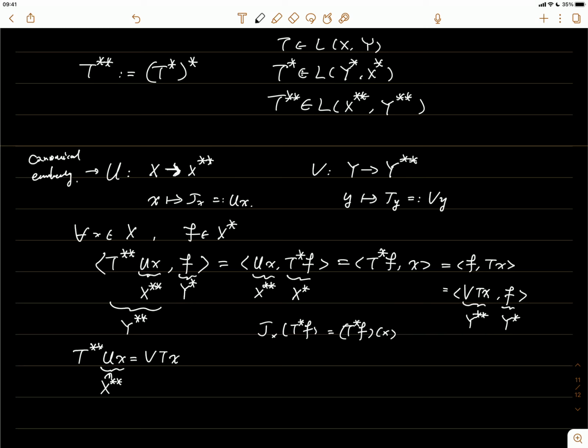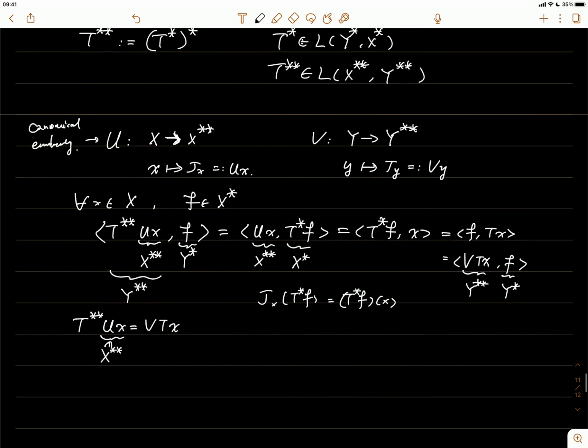On the other hand, T double star is originally a mapping from X double star to Y double star.